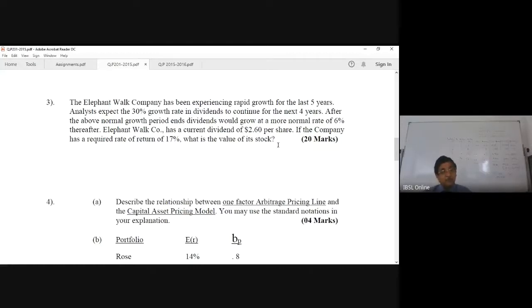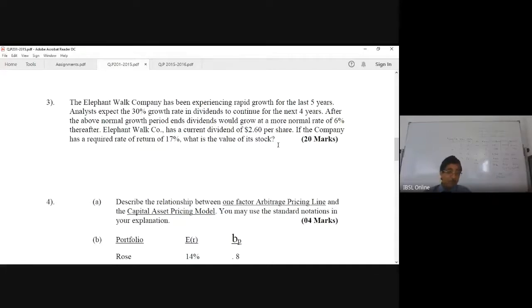When you apply the one-stage model, you get stock price equals D1 divided by K minus G. K is the required rate of return, G is the dividend growth rate. So here K is 17%, G is 30%. So K minus G would be a negative figure, and you will get a negative figure for the price, and that is not possible.